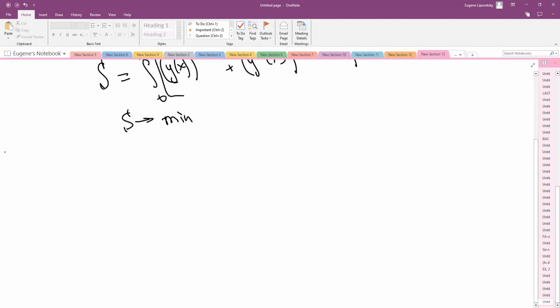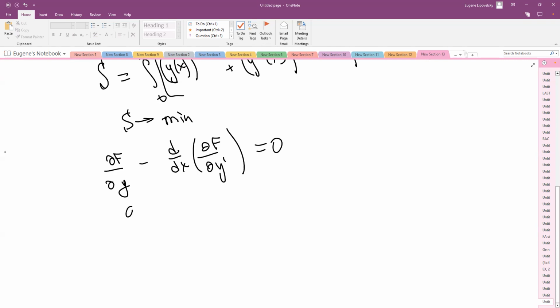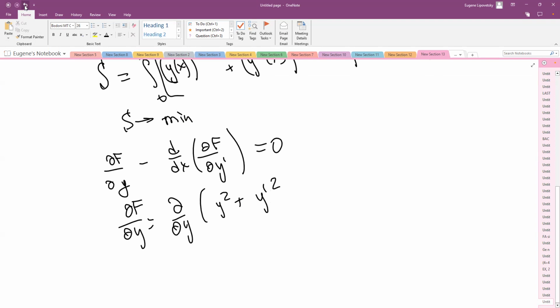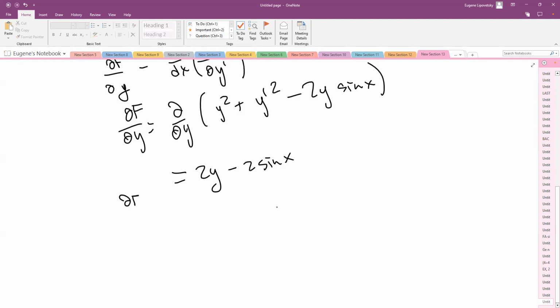And that means you will have that df over dy minus d over dx of df over dy prime equals 0. df over dy equals d over dy of y squared plus y prime squared minus 2y sine x, and that's going to be 2y minus 2 sine x. df over dy prime equals 2y prime.